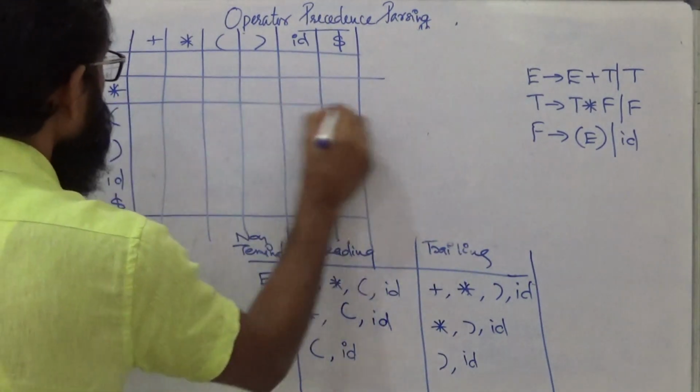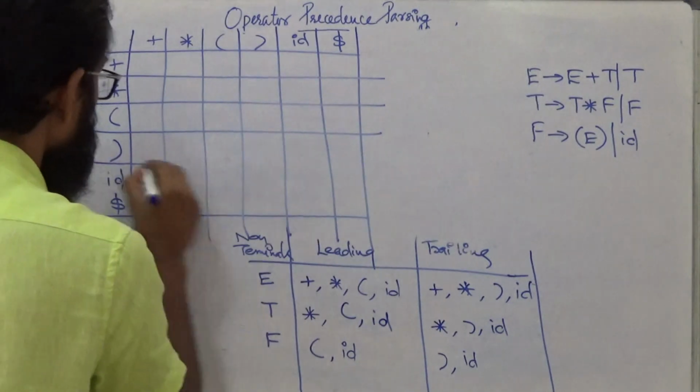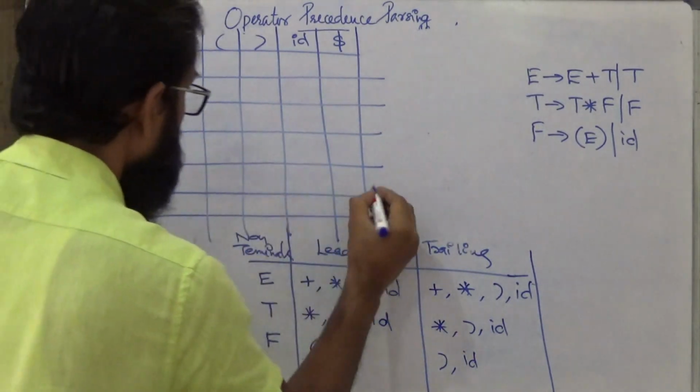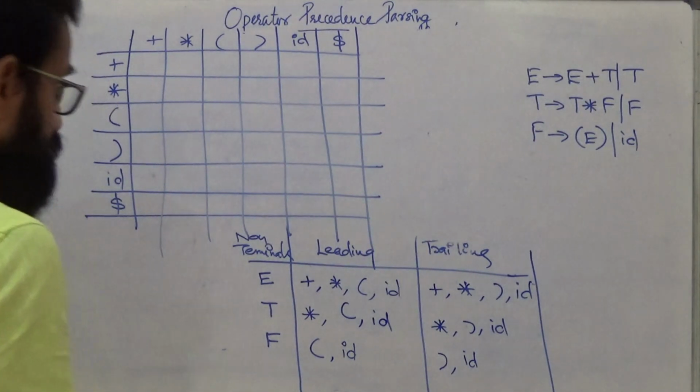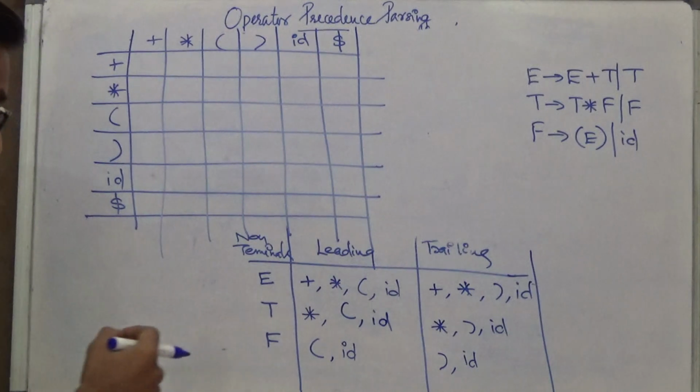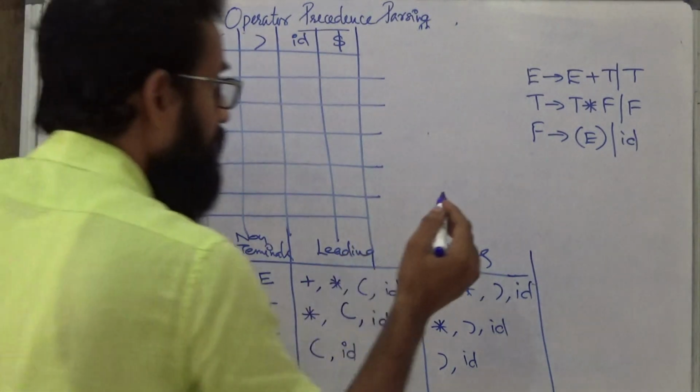So you have to construct operator precedence table based on leading and trailing. Now these are the rules to be followed.